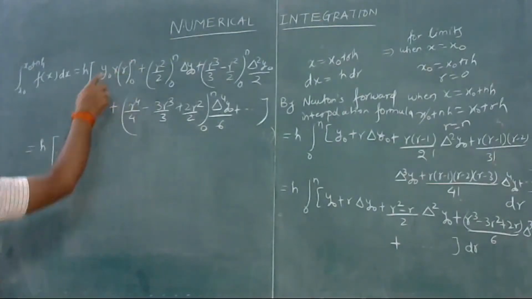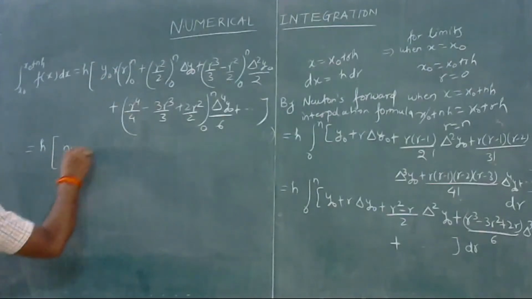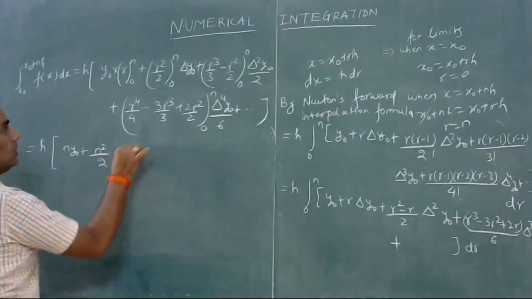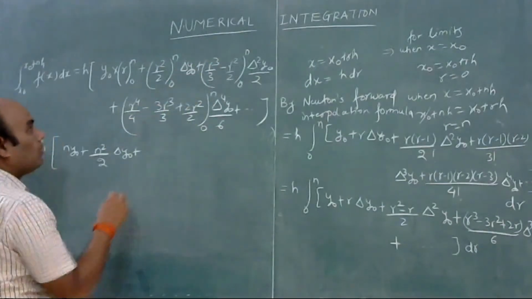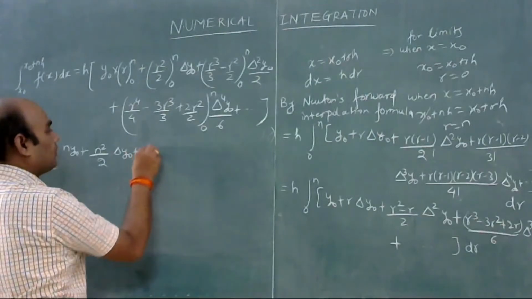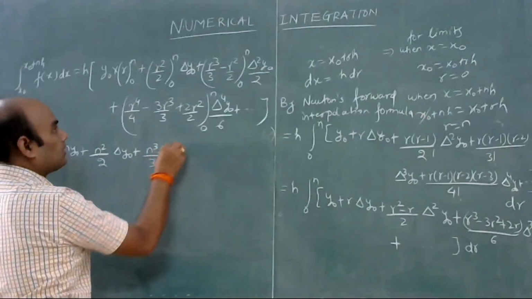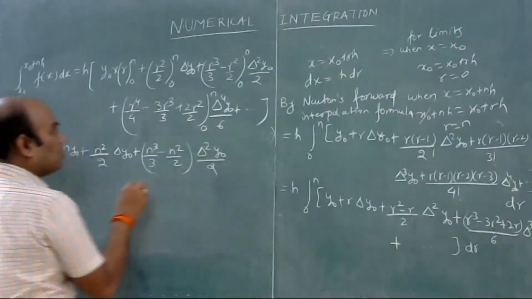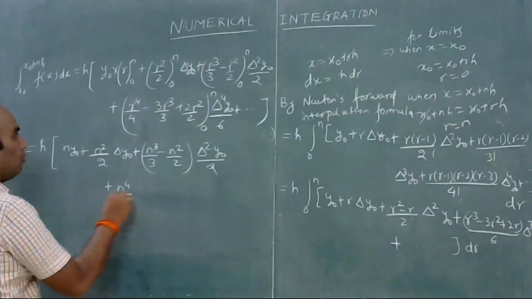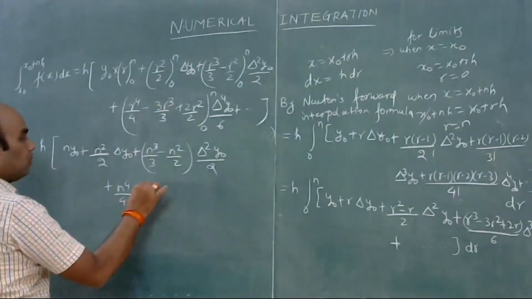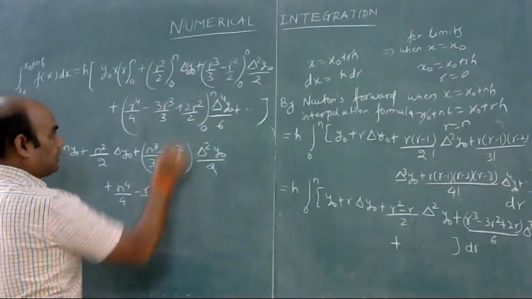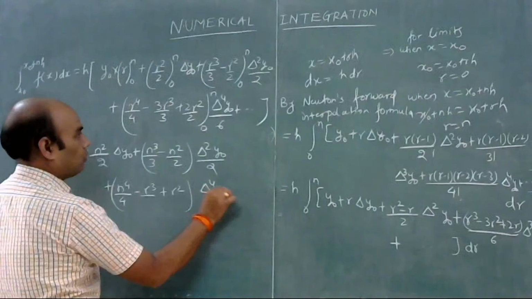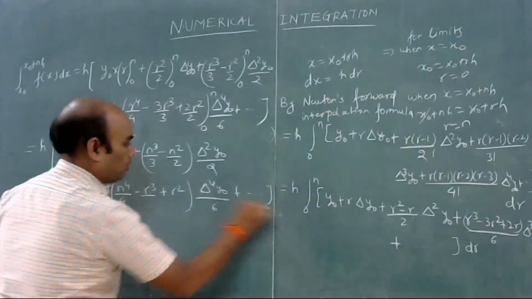So this will be n y naught, n square by 2 del y naught, then n cube by 3 minus n square by 2 times del square y naught by 2, plus n to the power 4 and so on, times del to the power 4 y naught by 6.